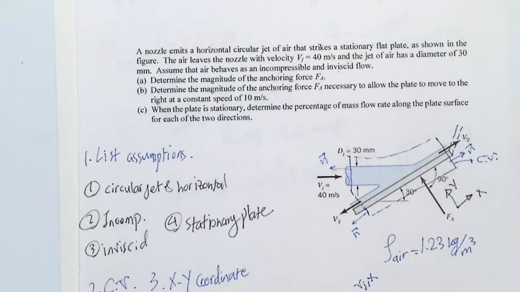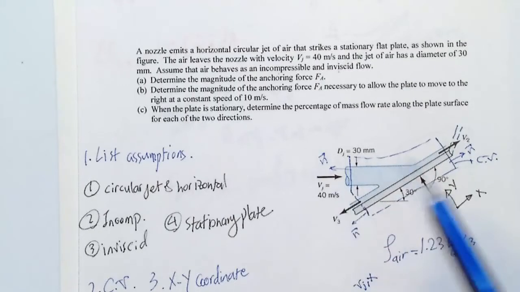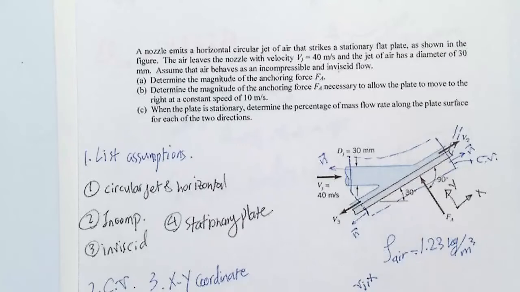But it also asks you for the percentage of m dot out from 2 and 3, so it means that these are not half by half. If they were, then you wouldn't need to solve it. You could say that it's m dot in over 2 here and over 2 here. But it's not like that.